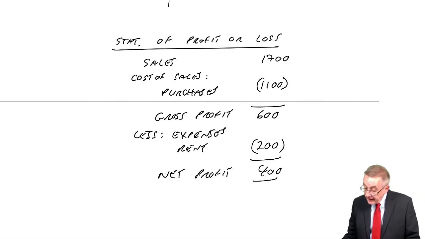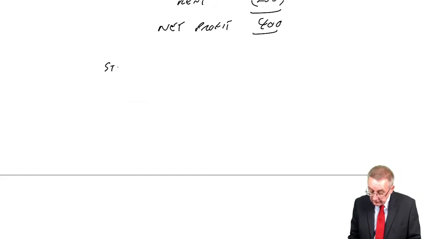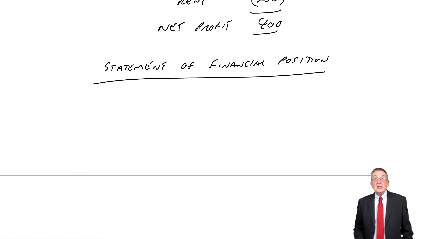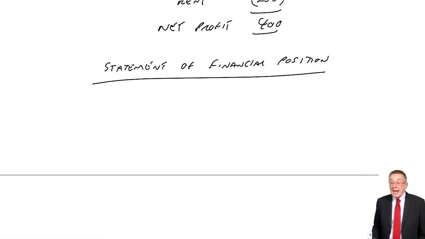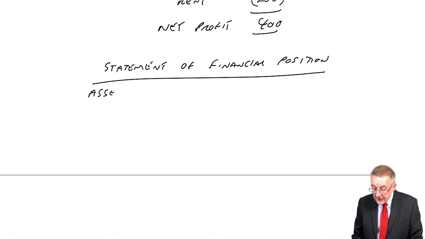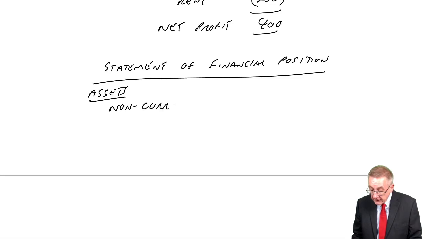What about the statement of financial position? Well, again, in the last chapter, I went through enough about the layout. And what is the layout? We'll list all our assets, but remember they must be split between non-current and current.